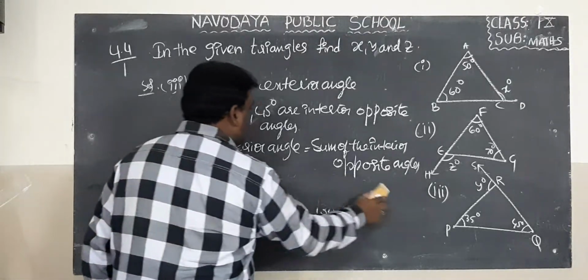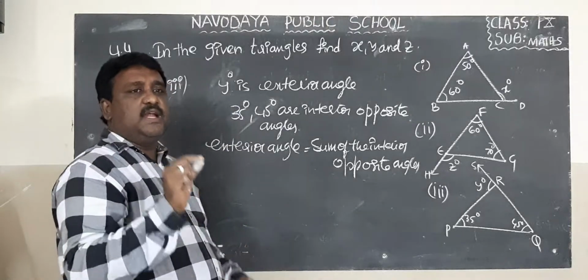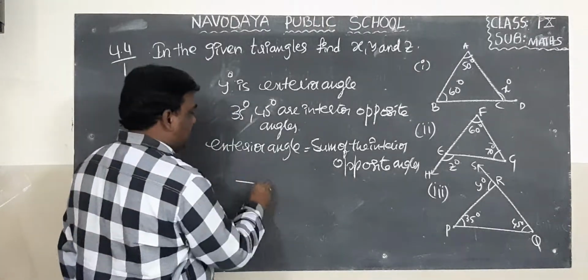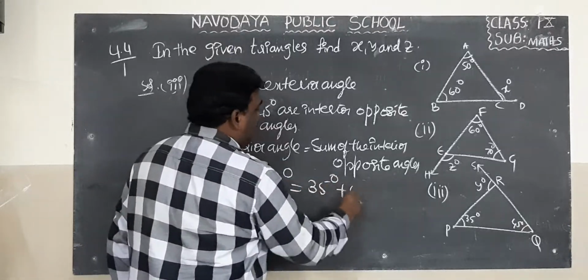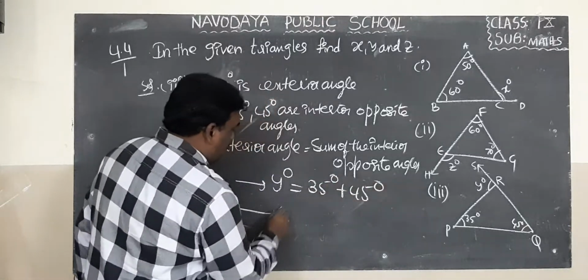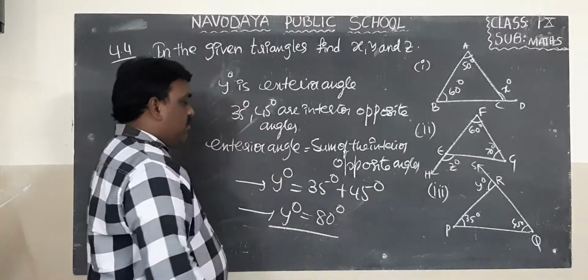Then what is the relation between them? Exterior angle equals the sum of the interior opposite angles. Y degrees equals 35 degrees plus 45 degrees. Y degrees equals 80 degrees. So third one, Y value 80.